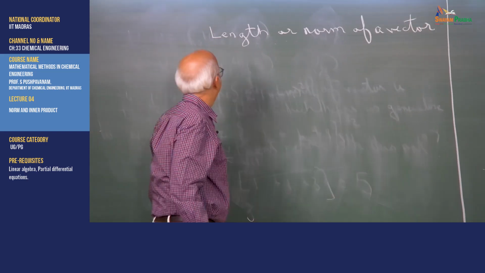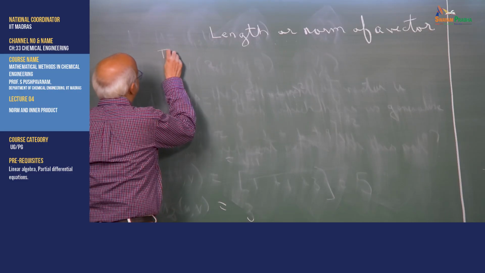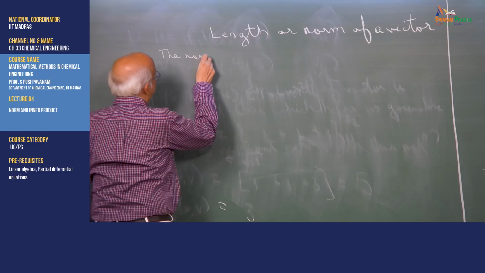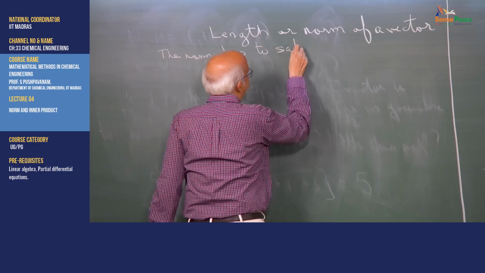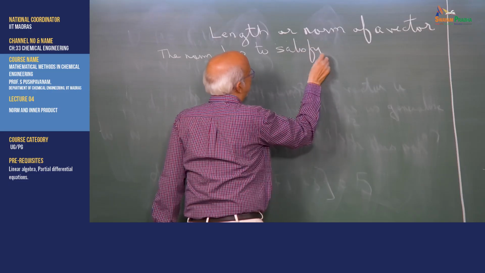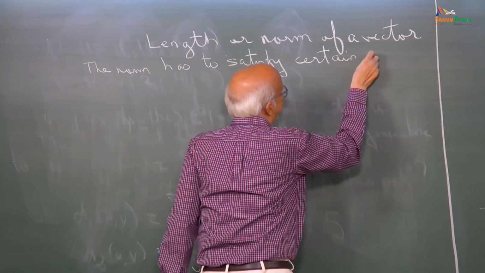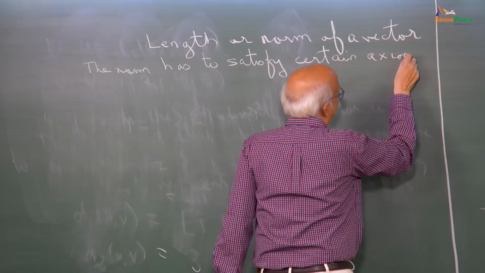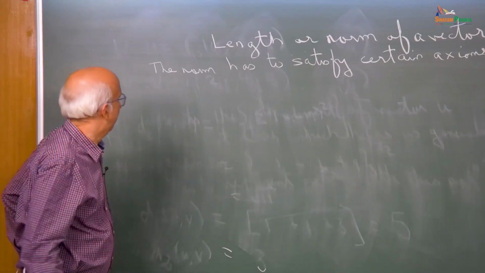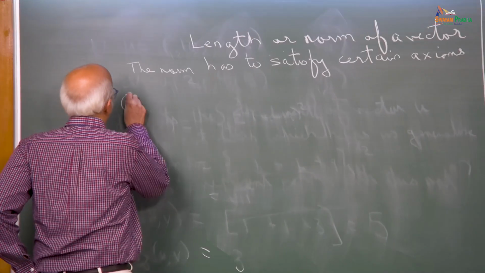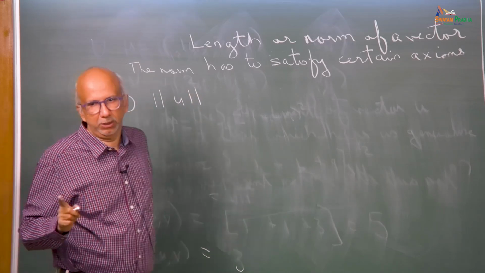And again, the norm has to satisfy certain axioms. For example, the norm of u, now we are talking about only one vector now, earlier distance was between two vectors u and v.